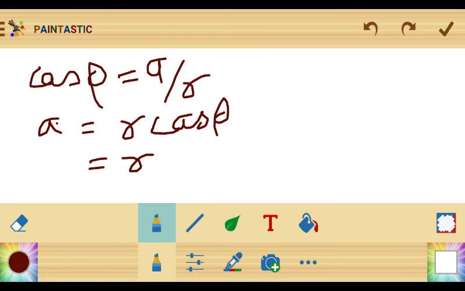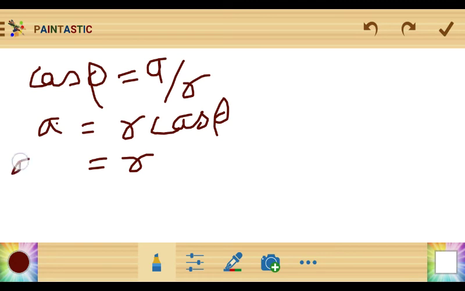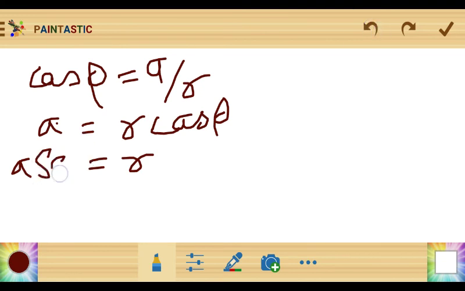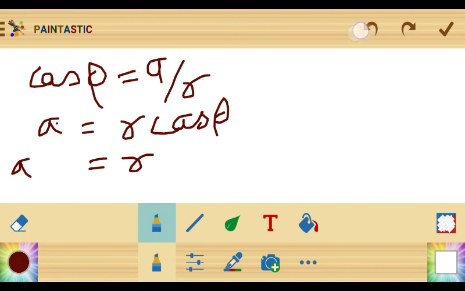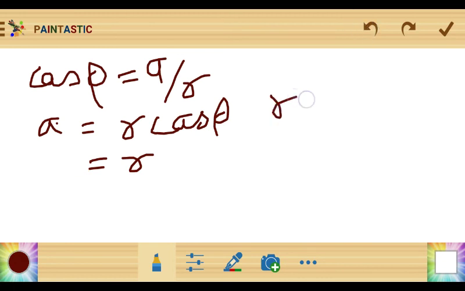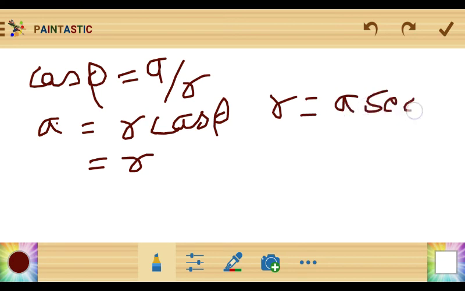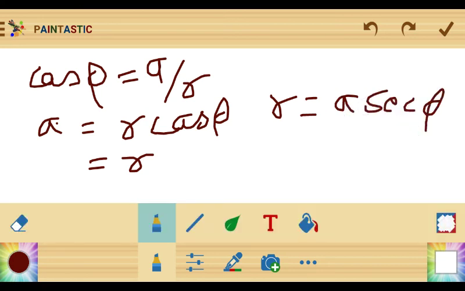One upon cos phi is sec phi, so r is equal to a sec phi, my mistake earlier. Why I am doing this, you will understand.